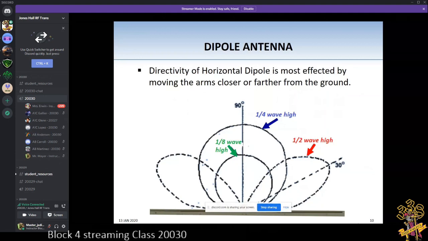Well, the answer is you have to know what frequency you're operating at in order to determine what the wavelength is. So if you're operating at 3 megahertz and your wavelength's 100 meters, half of 100 meters is 50 meters.